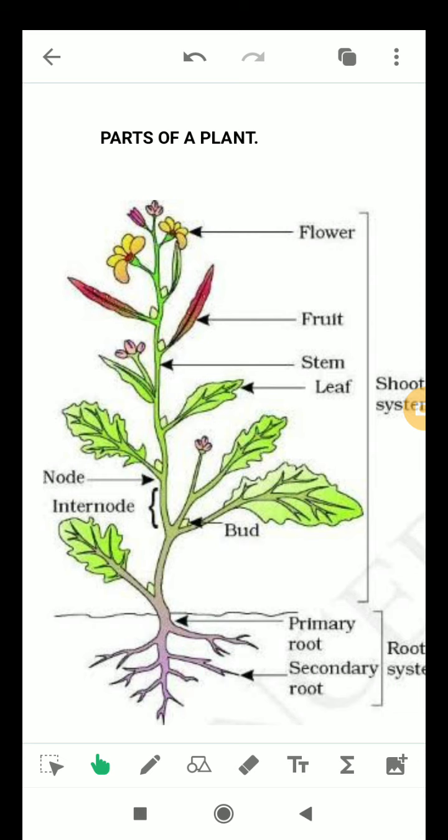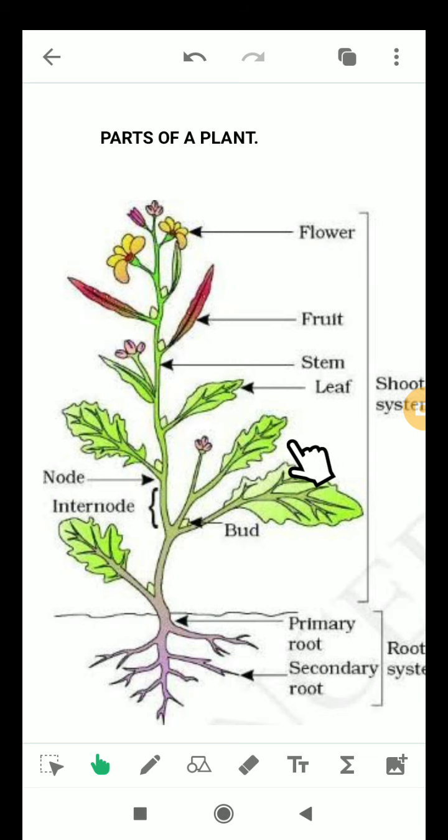The part of a plant that grows mainly under the ground forms the root system. The parts like stem, leaves, flowers, fruits that remain above the ground form the shoot system.